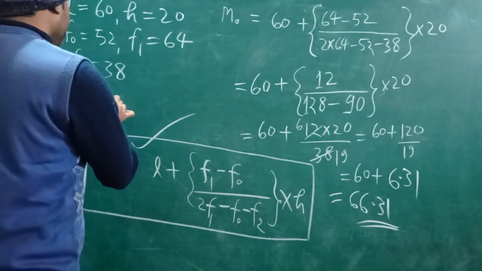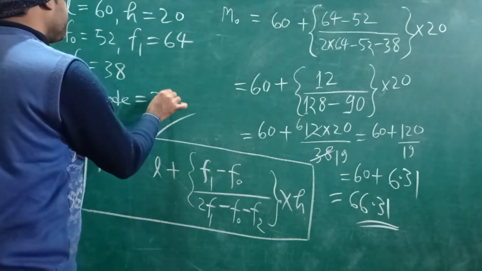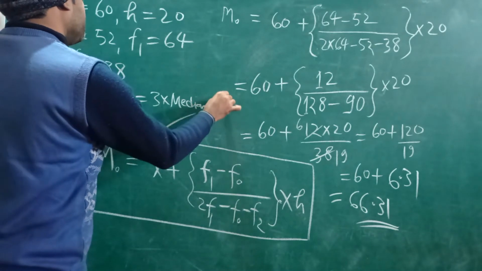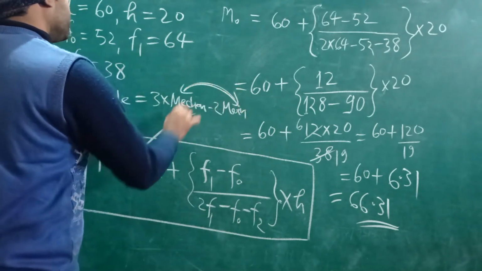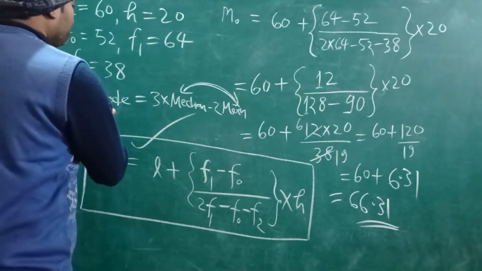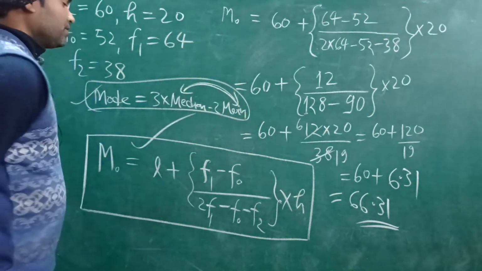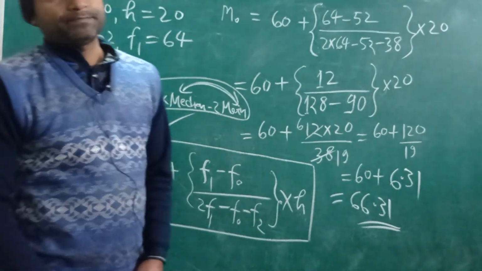The formula will be the same, or you can also use mode is equal to 3 median minus 2 mean, but you have to find the mean and median first. In this method, you have the power to find the mode directly.